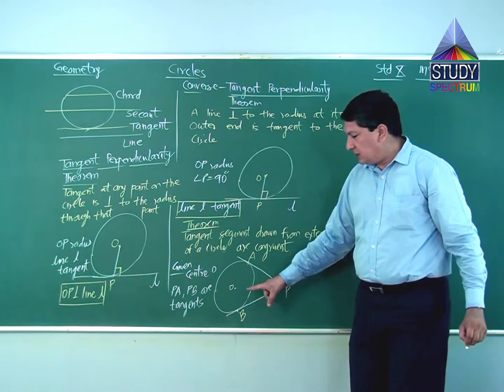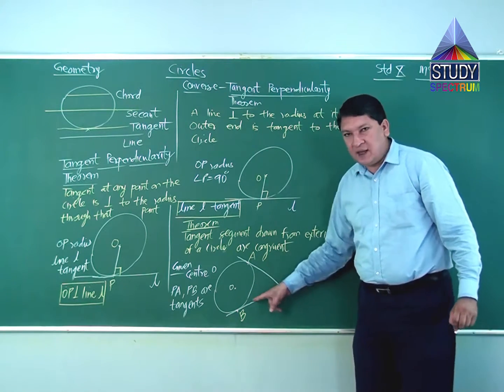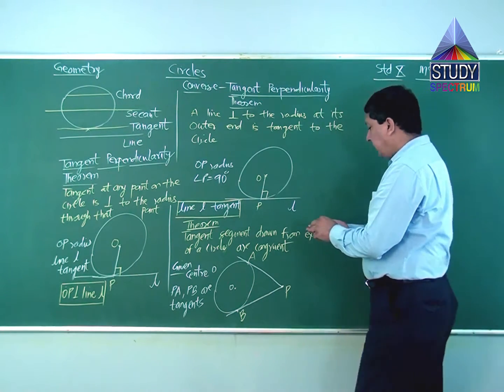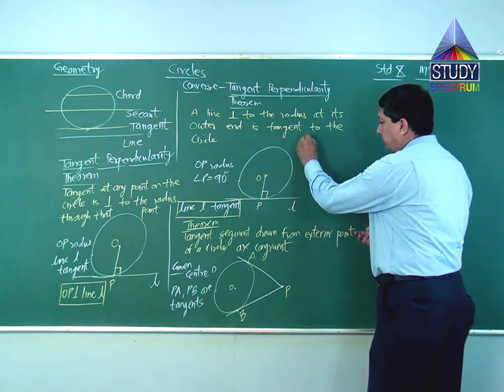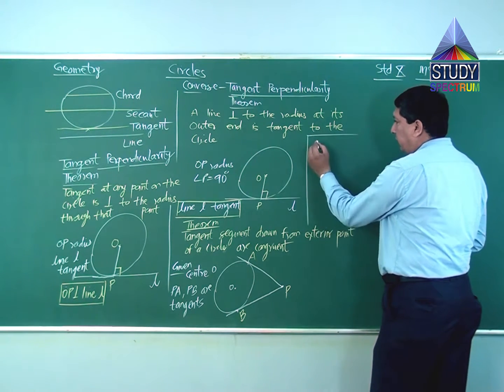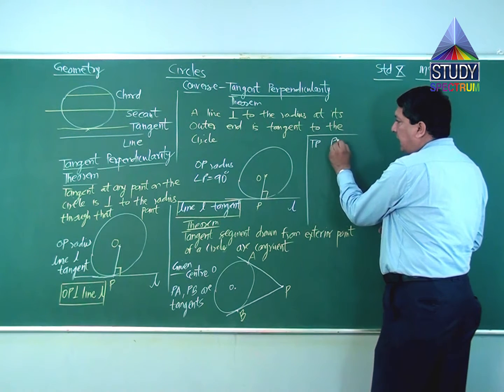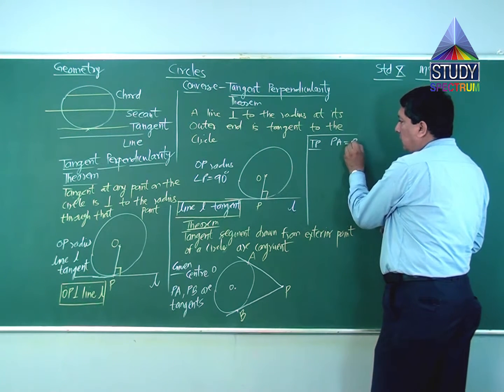Call it tangent or tangent segments, both are the same. So PA and PB are tangent segments. We need to prove, according to this theorem, that PA equals PB.